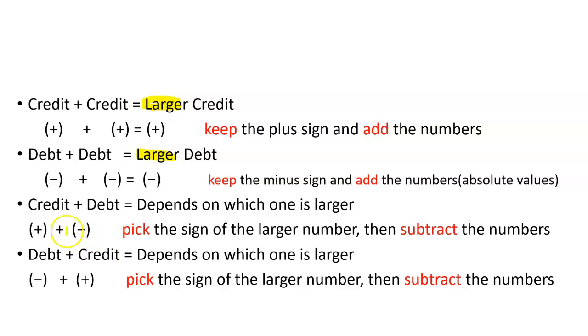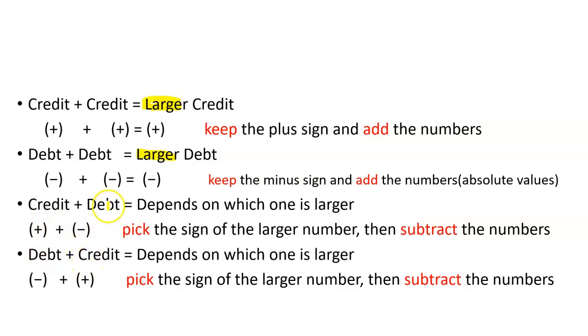So in this case, we have to look at both numbers to compare, to see which number is bigger, whether the credit is bigger or the debt is bigger. If the credit is bigger, you're still going to be in credit, so you're going to take the sign in front of the larger number.